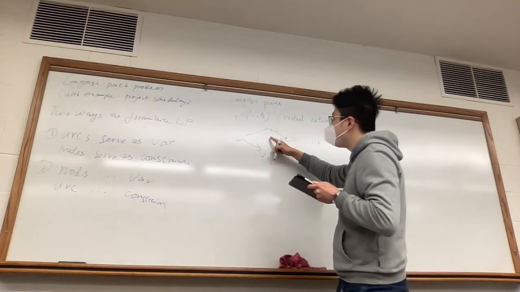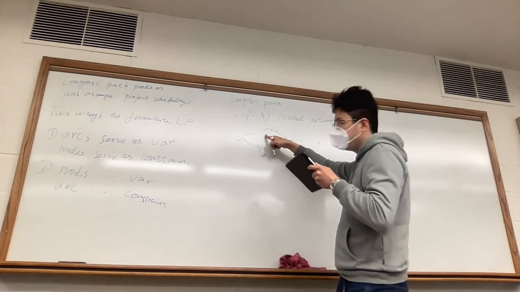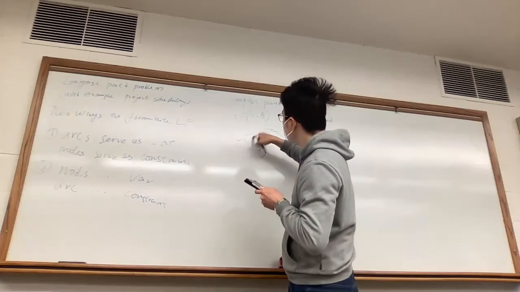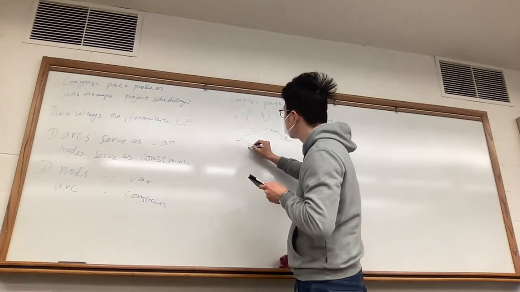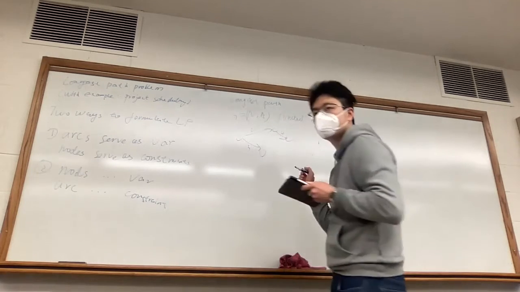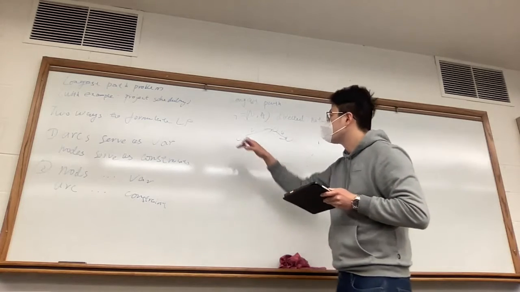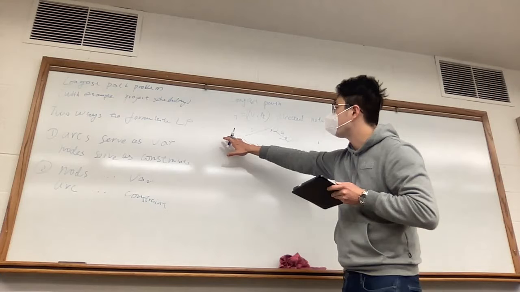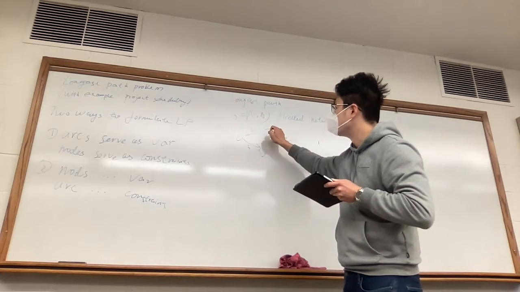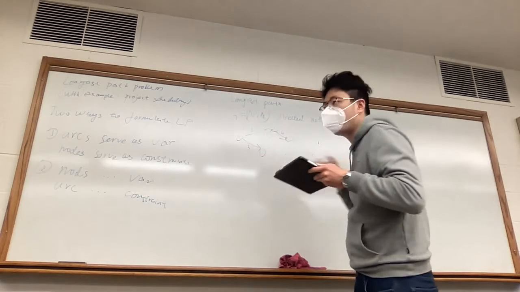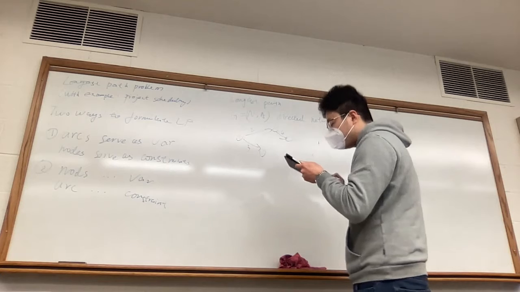And for every arc, it has a weight. Let's say this arc has weight 2, this arc has weight 3, 4, something like this. This weight can have many meanings, like the cost if you transport some products from this node to this node, or the length, or other meanings.